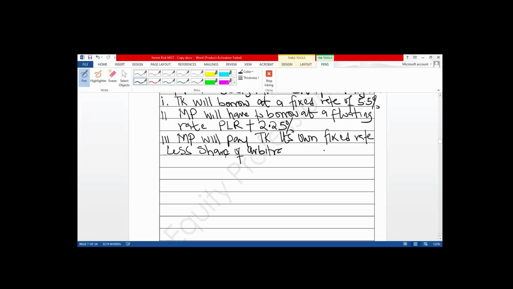That is minus 0.1. That will give me 6.375. Look at that number 3 very well. MP, we pay to TK its own fixed rates less share of arbitrage.